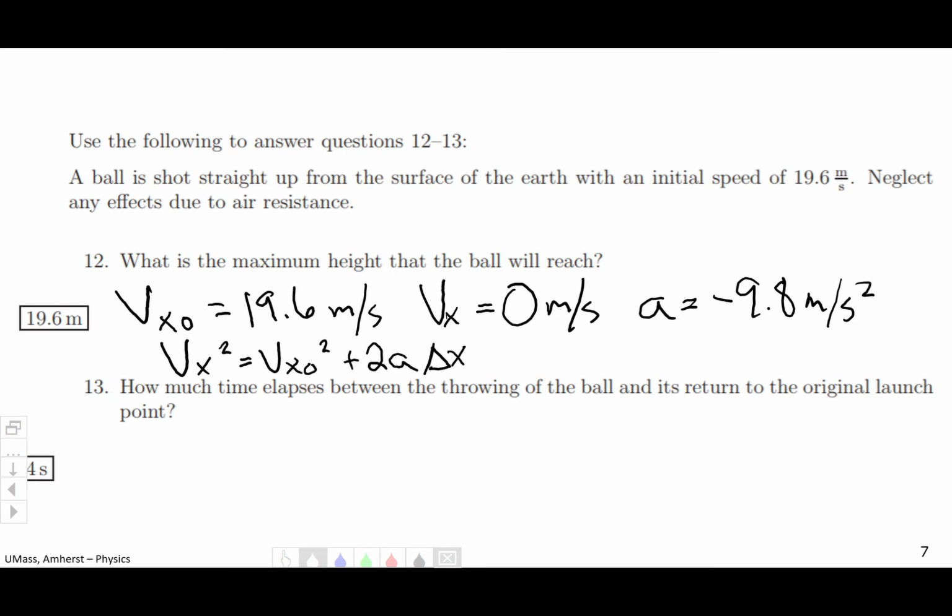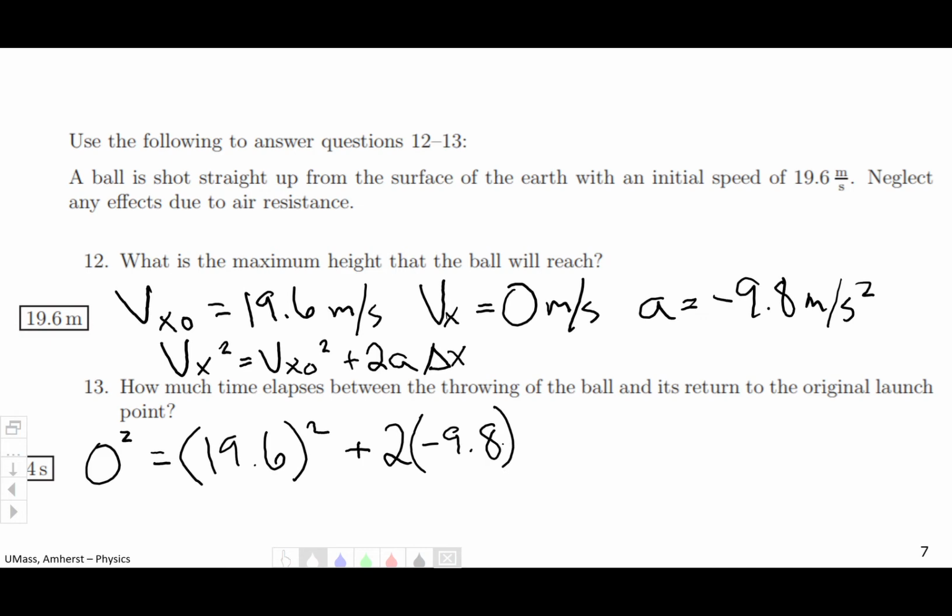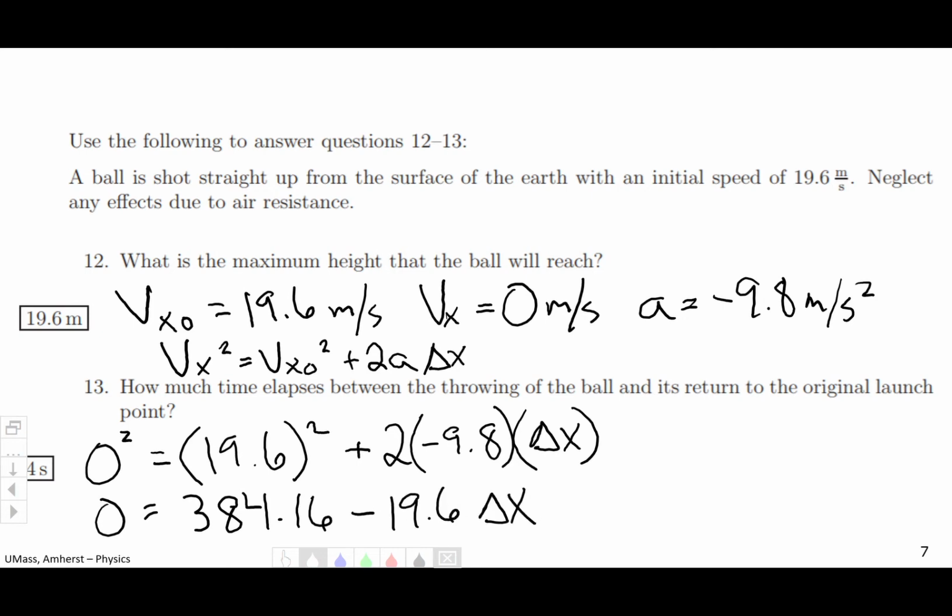We get Vx is 0, so 0 squared equals 19.6 squared plus 2 times negative 9.8 times delta x. 19.6 squared equals 384.16, so 0 equals 384.16 minus 19.6 delta x.